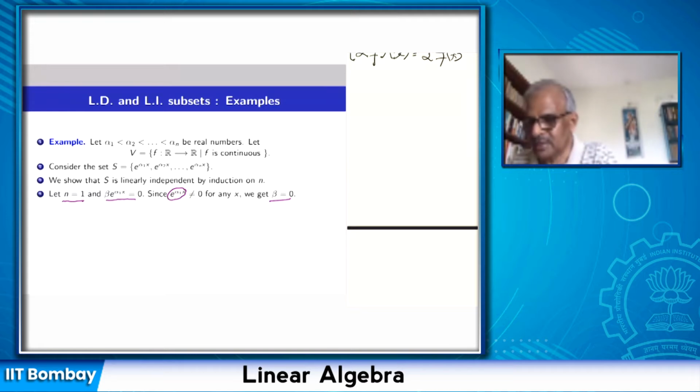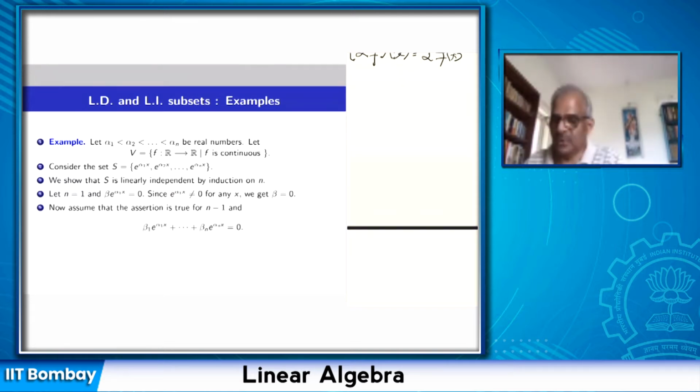Now I assume this fact for n minus 1. Assume the assertion is true for n minus 1, and we will prove it for n. So take these n exponential functions and take this linear combination where the coefficients are beta 1 up to beta n, and this produces the zero function. Then I want to show that each beta i is 0 for all i.